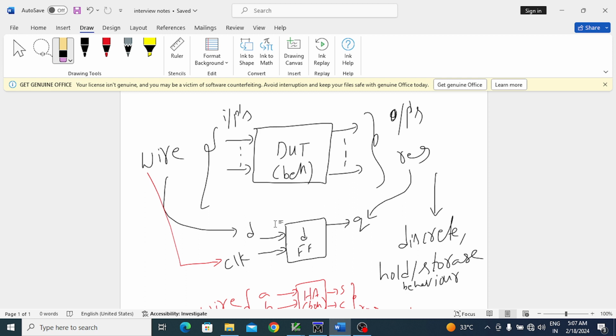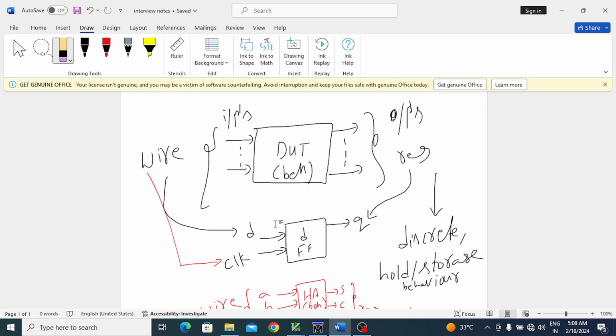If you take output ports, only in the behavioral style we write reg for the outputs. In gate level, structural, and data flow, for the outputs also we write wire only. So here I am taking behavioral as the reference. The question is, why wire for the inputs and reg for the outputs in the behavioral style.